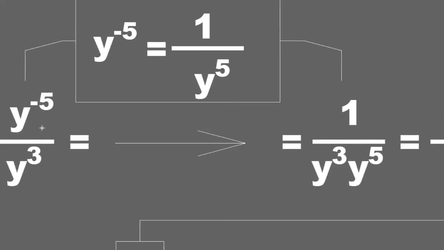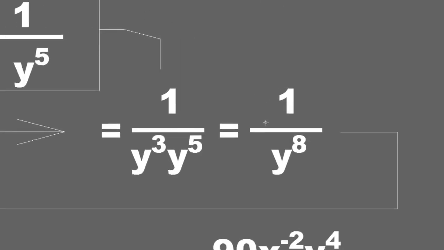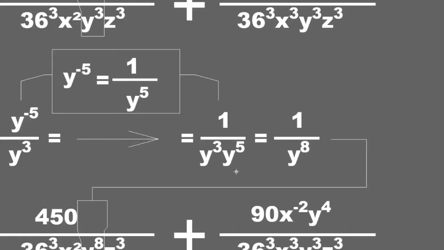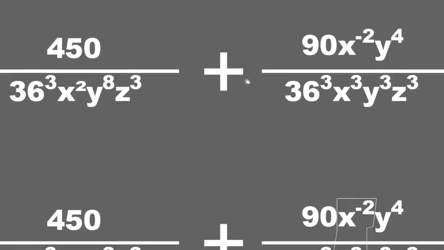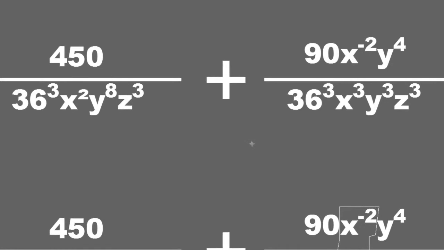So y with an exponent of -5 divided by y, an exponent of +3, becomes 1 divided by y to the 8th power. And that's what I put in here. I forget about the 1, it is not necessary, you don't have to write it, and I put y to the 8th power on the denominator. That's where we are up to now.